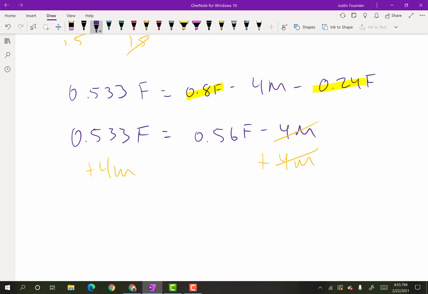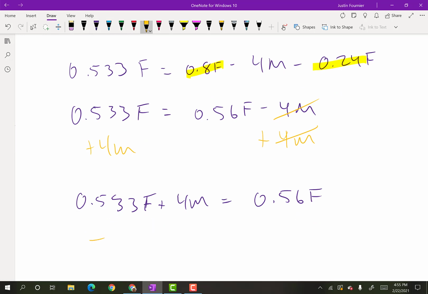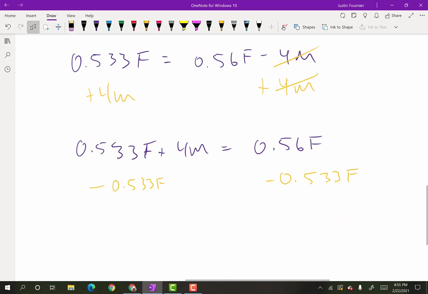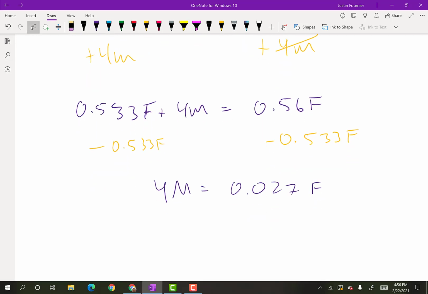So this is now 0.533F plus 4m equals 0.56F. Now I'm going to subtract both sides by 0.533F. So this is now 4m equals 0.56 minus 0.533, which is 0.027. And then lastly, divide both sides by 0.027. And I get 148, which is wrong.